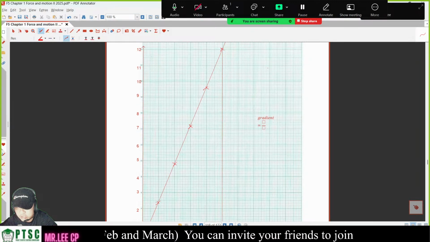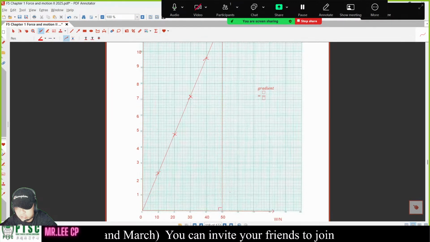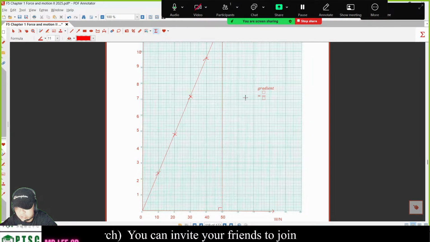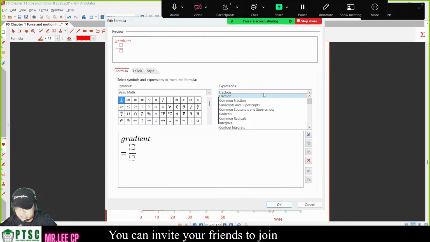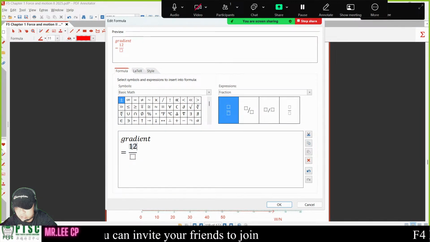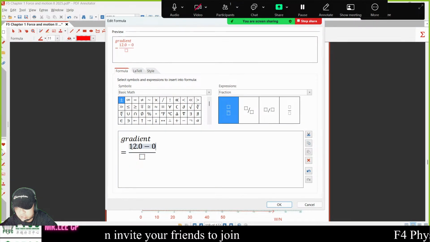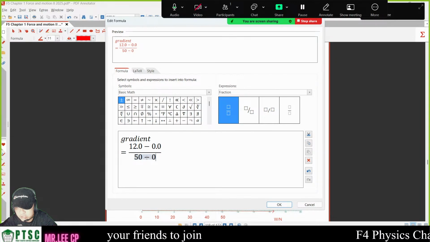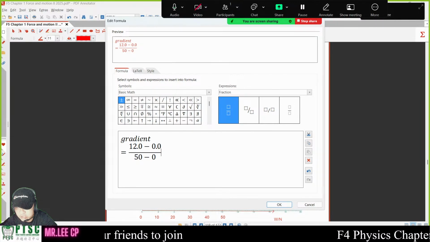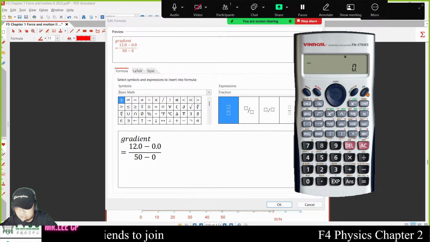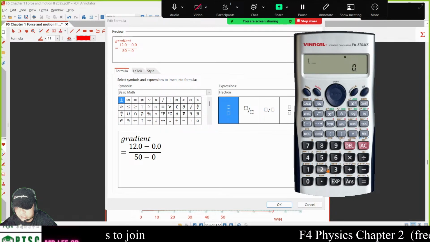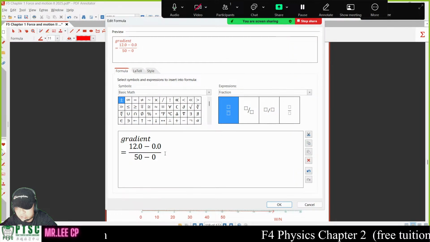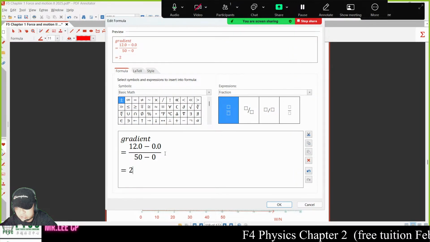This is 12 cm, and this is 50 Newton. So it is 12.0 minus 0.0 over 50 minus 0. 12 divided by 50, you get 2.4. What is the unit?